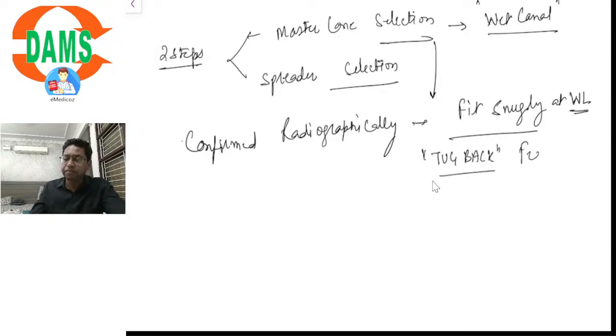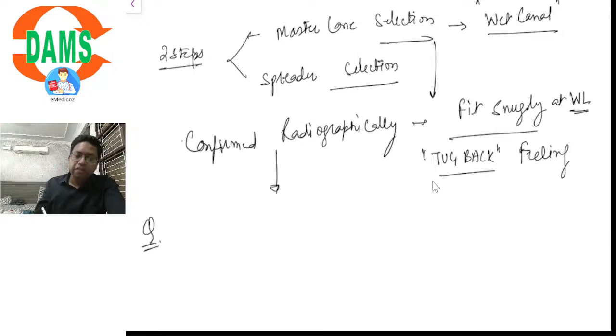There's a feeling of tug back. Tug back means there is retention form. Retention form, I have already told you in cleaning and shaping, means the master cone should not be displaced coronally. Okay, it should fit snugly at the working length. That is called clinical tug back. And whenever we confirm it radiographically, it should fit at the working length.